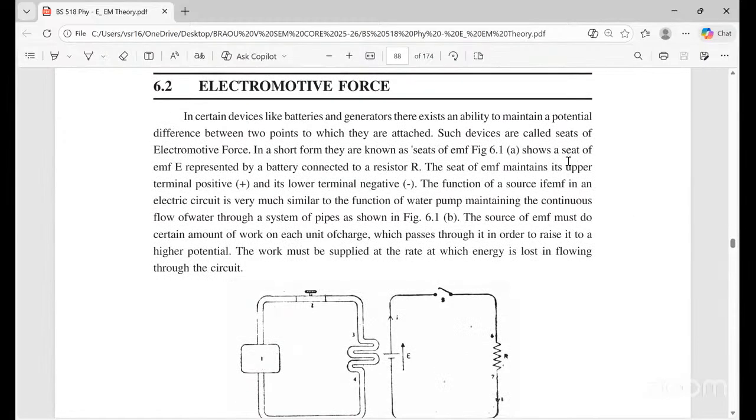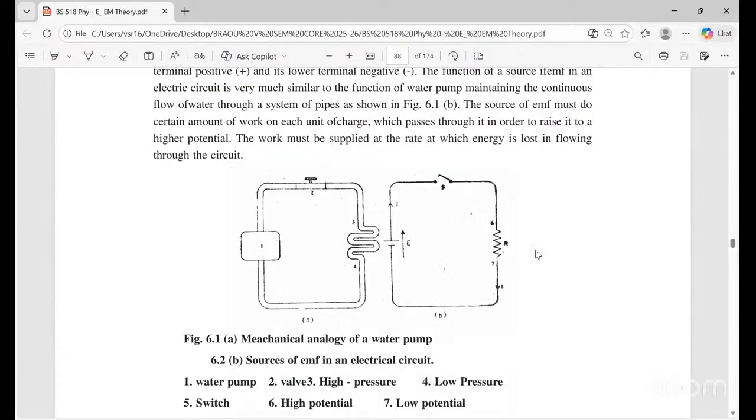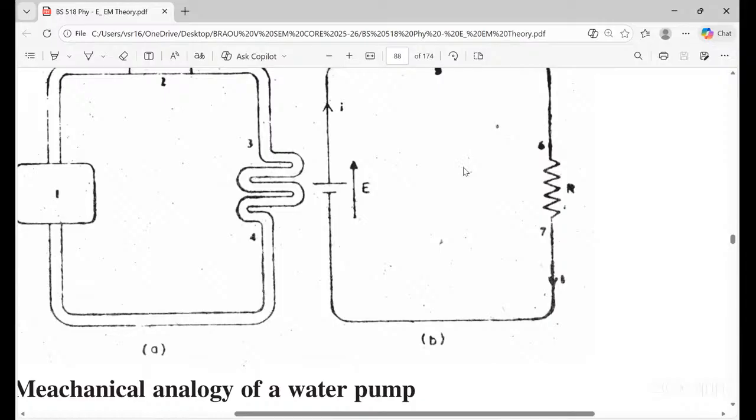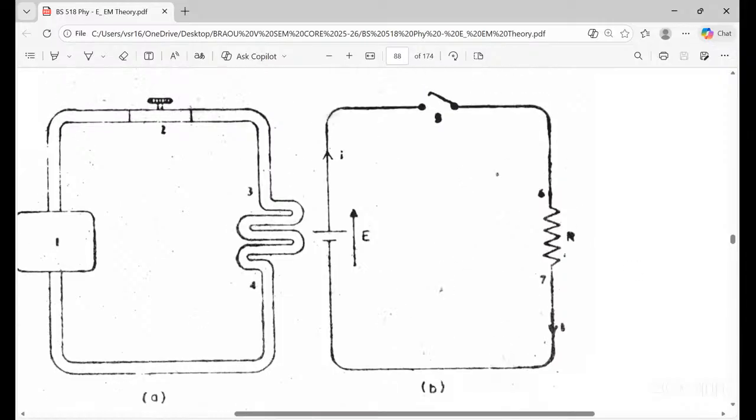Two circuits are given here, and you can discuss them with the circuit diagram. In the first diagram, there is a battery with a positive terminal and a negative terminal.